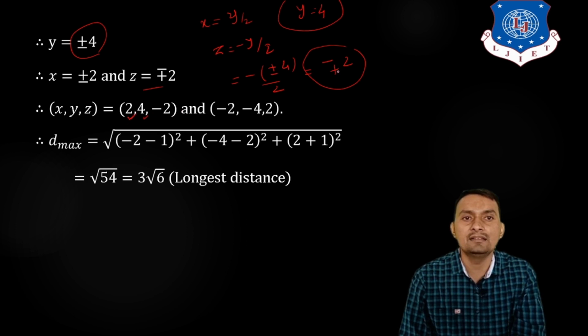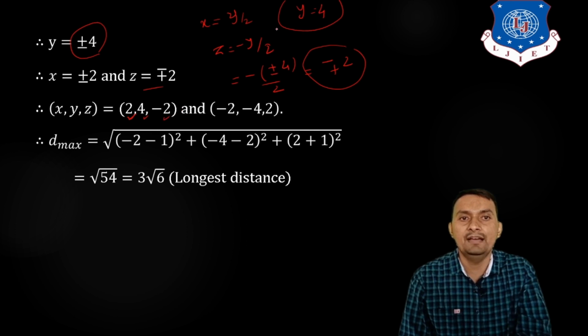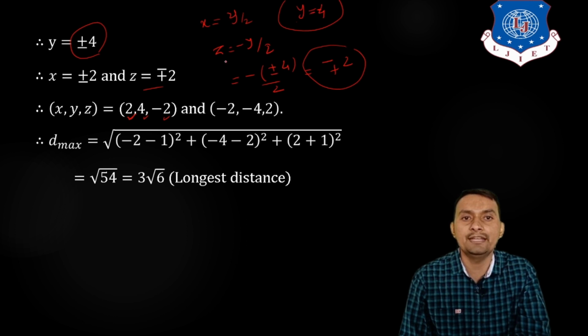And again, we can observe the minus case. When I take y equal to minus 4, minus 4 divided by 2 is minus 2, so the x coordinate is minus 2. And here, when I take z, with y equal to minus 4, minus minus is plus, 4 divided by 2, so it will be positive 2. So we have these two points.